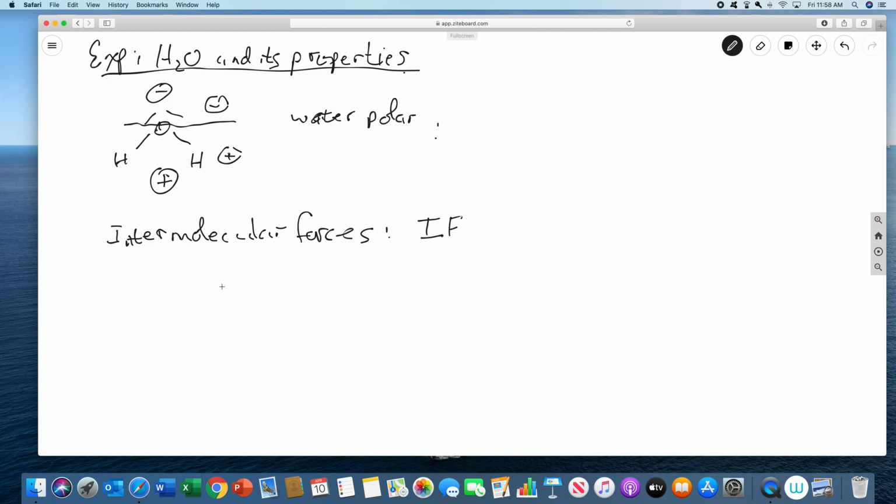Intermolecular forces are between molecules, so not within. For example, if I take two water molecules like that, and I'll draw another one sticking to it.